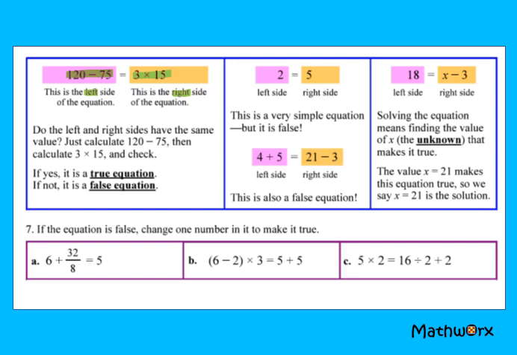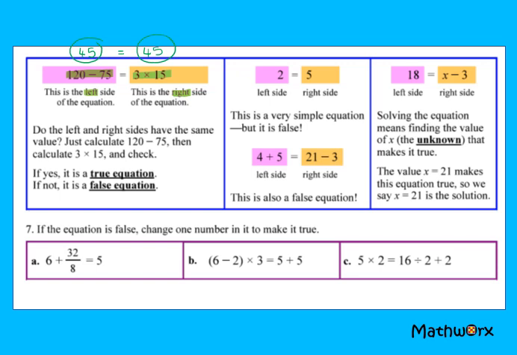Okay, left-hand side, we have 120 minus 75, which gives me, let's write it up here, 45, right? And if we have a look at our right-hand side, we have 3 times 15, which gives me 45. So if we have a look at our equation here, the left-hand side and the right-hand side are equal.